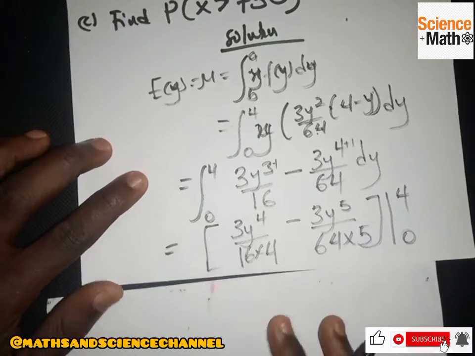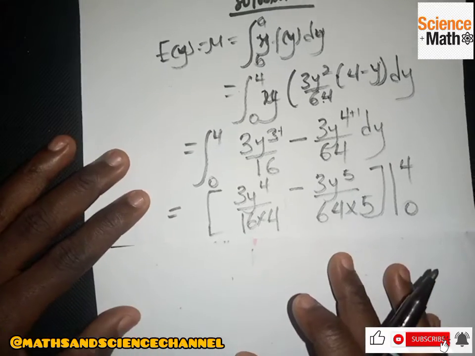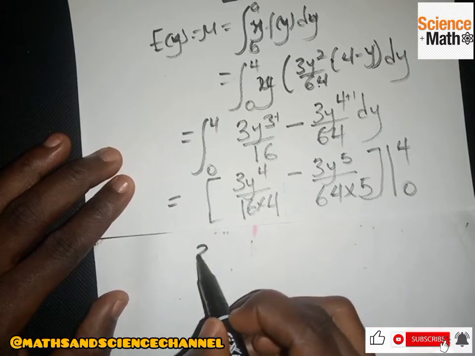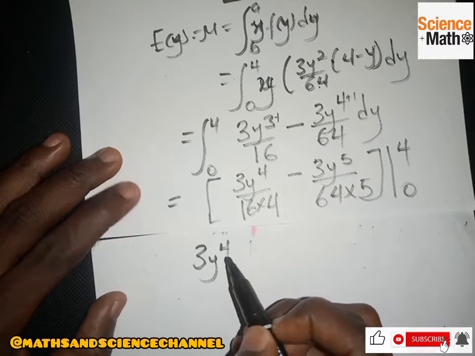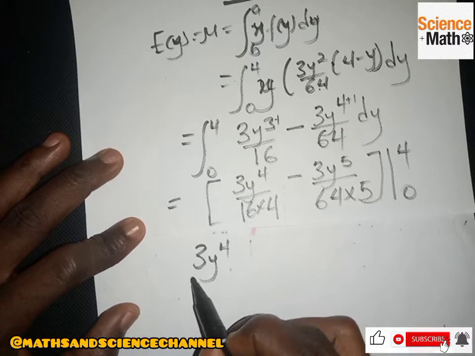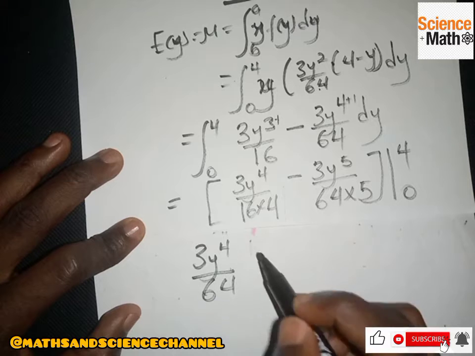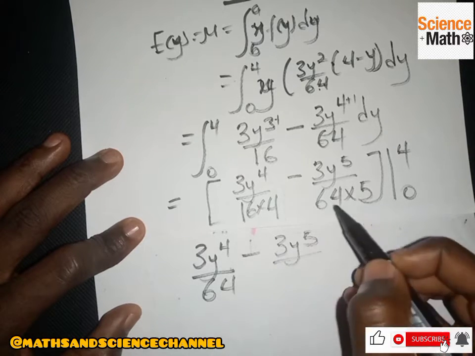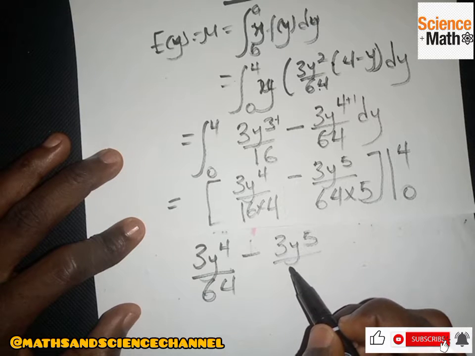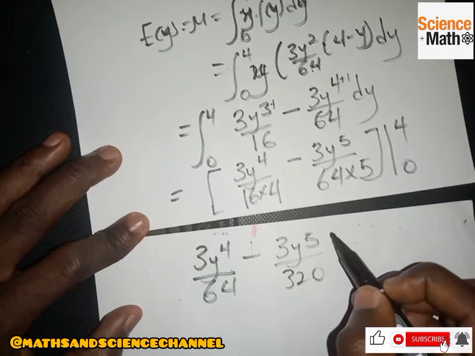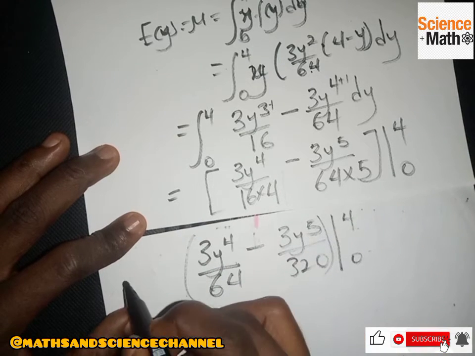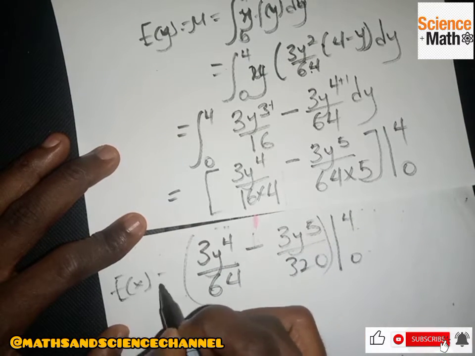When we further simplify, we get 3y to the power 4 divided by 64, and then minus 3y to the power 5 over 320, from 0 to 4. So the expected value is that.